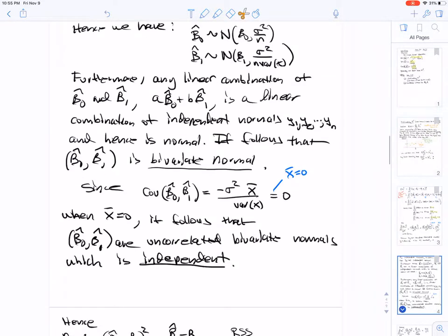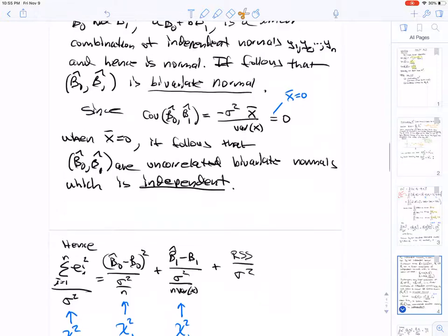And more is true: since the covariance of beta 0 hat and beta 1 hat is 0 when x bar is 0, they are uncorrelated bivariate normals, which are independent, because uncorrelated is equivalent to independent for bivariate normals.